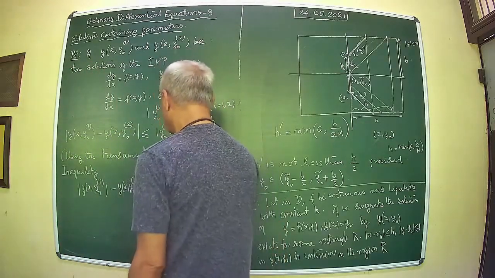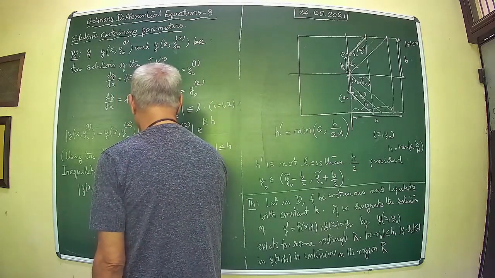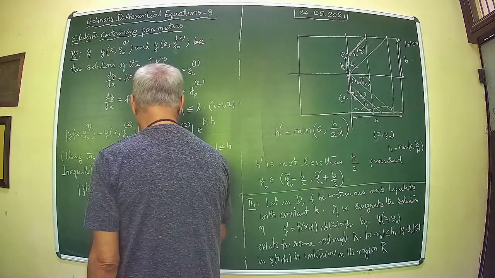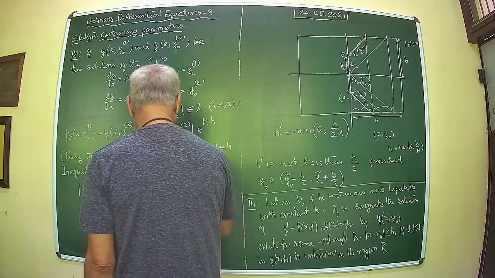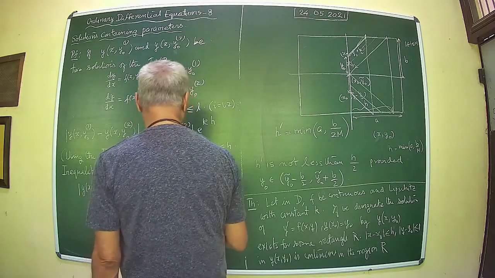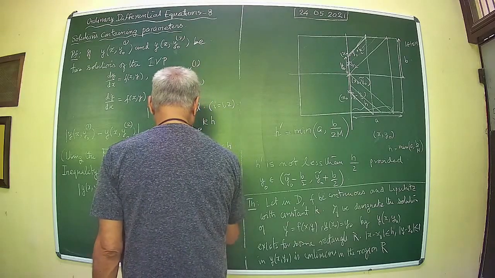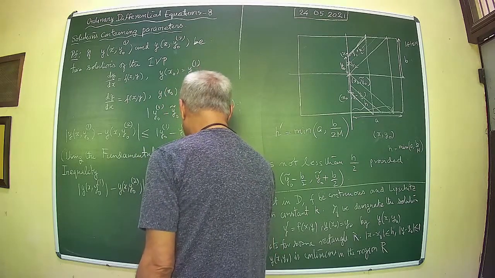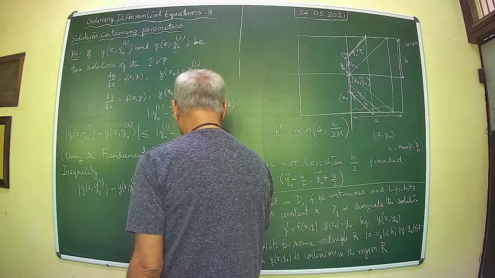One is, of course, the evaluation of this at x naught, which will give you |y01 - y02| e to the power k|x - x0|, this is one term, plus epsilon divided by k e to the power k.